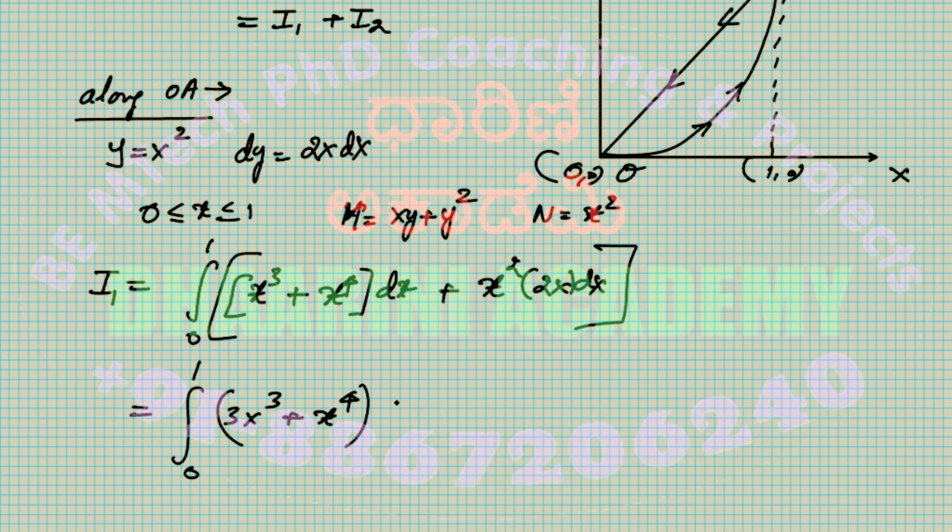Now compare this. I want to calculate this area, this is my ultimate goal. But according to Green's theorem, I have something like this. So that means dou N by dou x minus dou M by dou y should be 1.